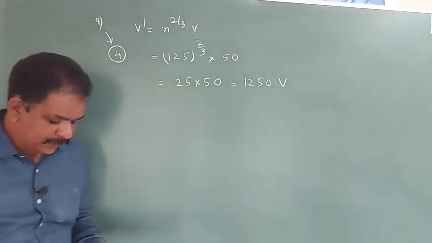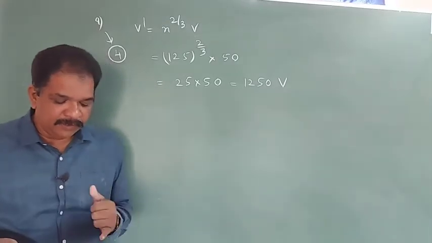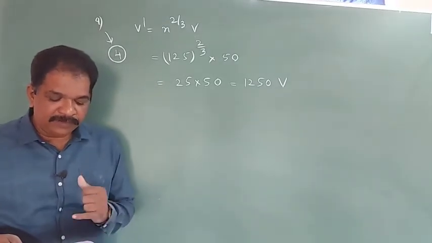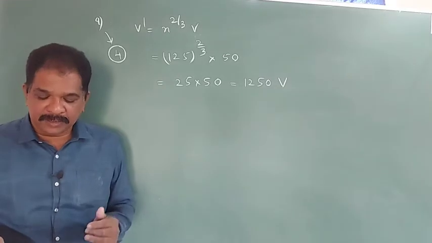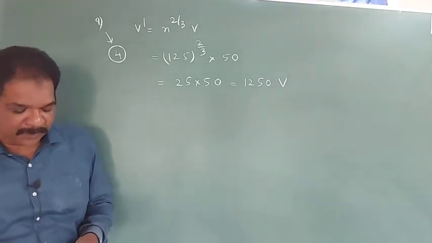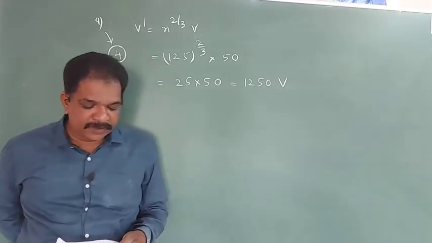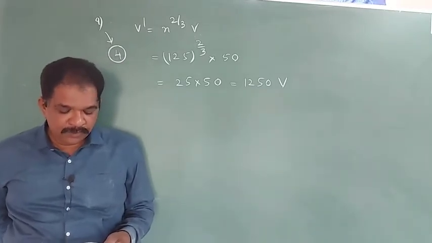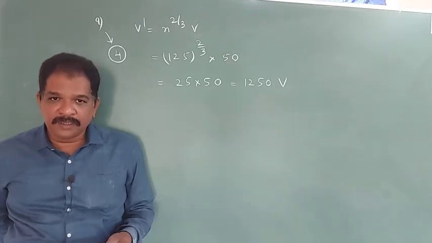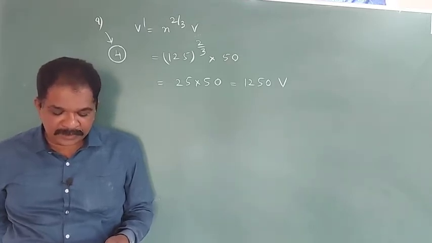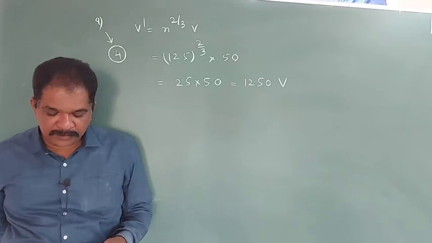Clear? Next, 10th question you see. Assume that an electric field E bar is equal to 30 x square i cap exists in space. Then the potential difference VA minus VO, where VO is the potential at the origin and VA is the potential at x equal to 2 meter, is what they are asking.